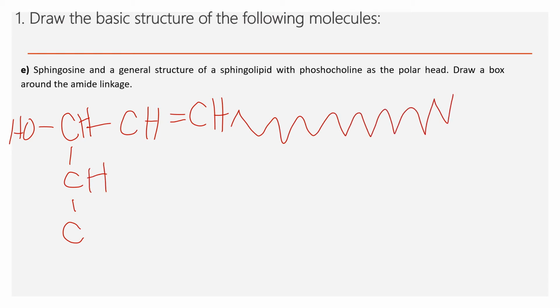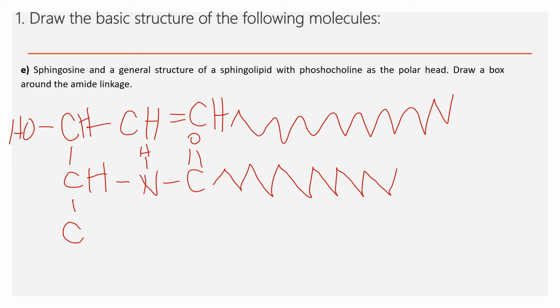And then the second carbon has the amide linkage. So that's the nitrogen, carbonyl, and the hydrogen. And then the rest of our hydrocarbon chain.